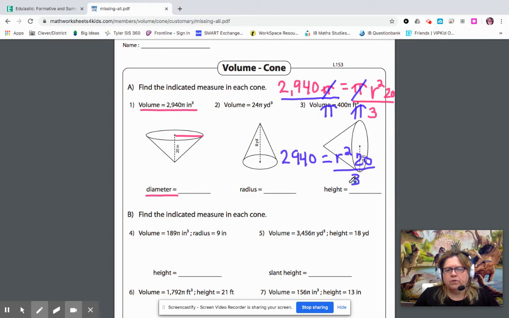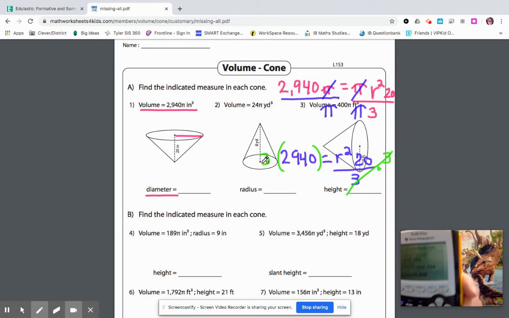Whenever I have a fraction, remember I'm always going to multiply by whatever's in the denominator to get rid of it. So I'm going to multiply both sides by 3. That way this will cancel, and I'm going to multiply this by 3. Let me get my calculator out for that, and we'll do 3 times 2,940.